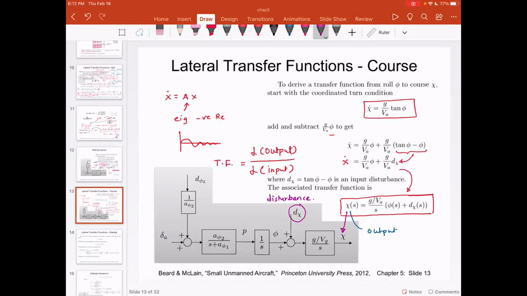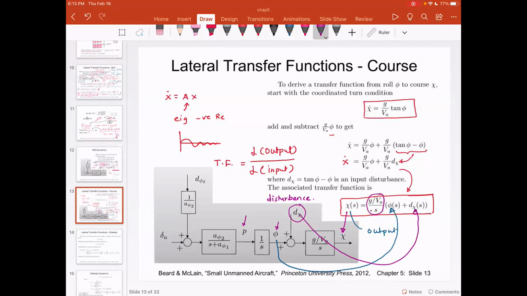Now, you have P, which is the body rate that is integrated to get the value of phi. And that phi is added with the d chi, and that is fed into this equation. Please pay attention to the arrows that I'm showing. This comes from here. This comes from here. And as you can see, this is the transfer function that is represented in this block.